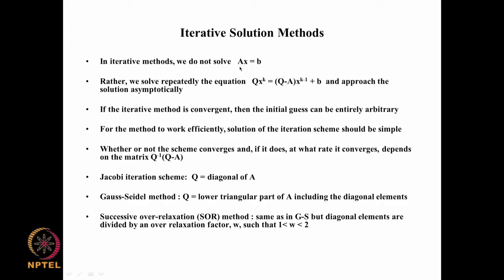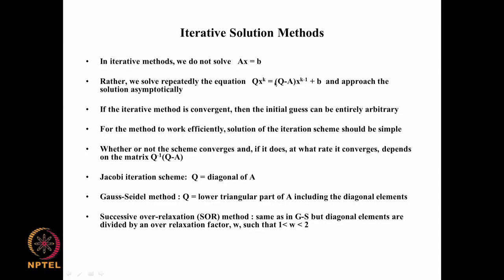Okay, instead of solving Ax equal to b, we solve it as Q xk equals (Q minus A) times xk minus 1 plus b, and Q is taken from A in a certain way, such that when you go through this recursive step, you can generate a series of improved guesses of the actual solution. And if you generate a sufficiently large number of these, then it is expected to go towards the final solution.